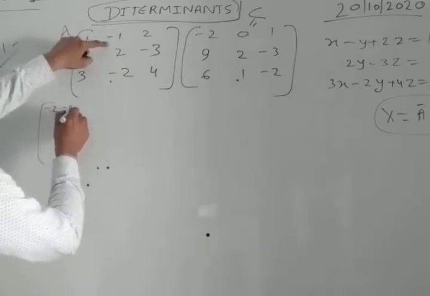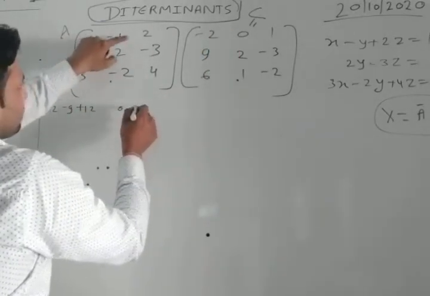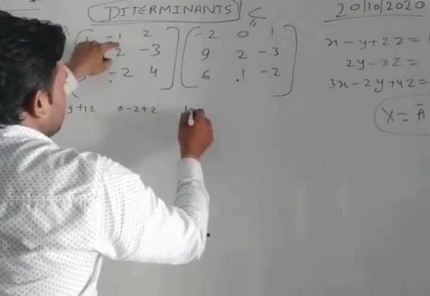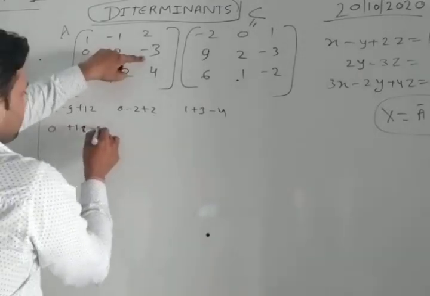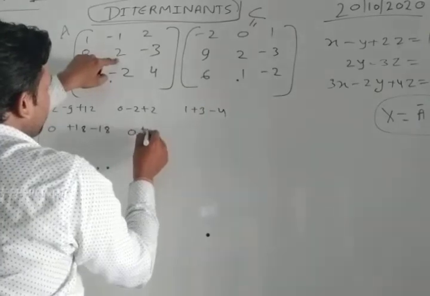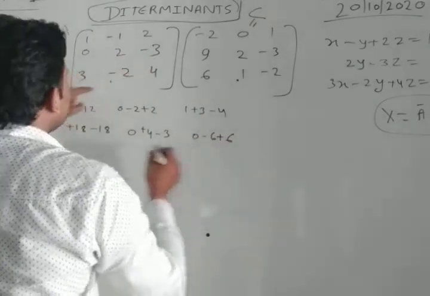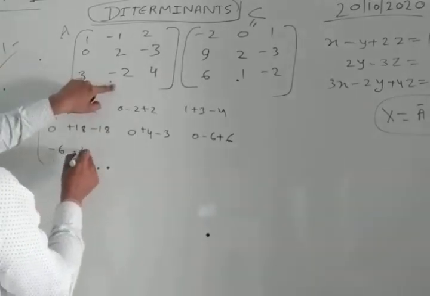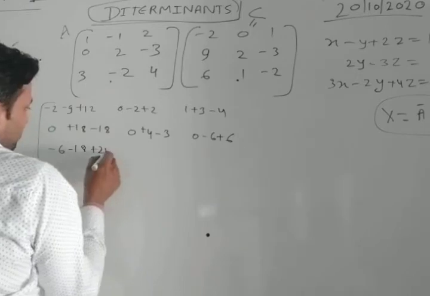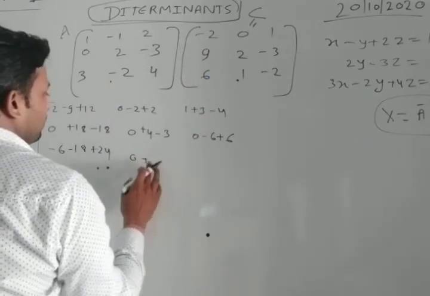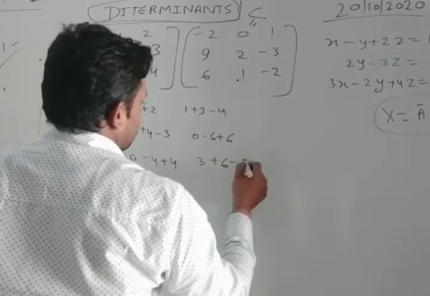Minus 2, minus 9 plus 12. Again 0, minus 2 plus 2, 1 plus 3 minus 4, again 0. 18 minus 18, again 0, 4 minus 3, again 0, minus 6 plus 6, again minus 6, minus 12 minus 6, minus 18 plus 24, again 0, minus 4 plus 4, again 3 plus 6 minus 8.